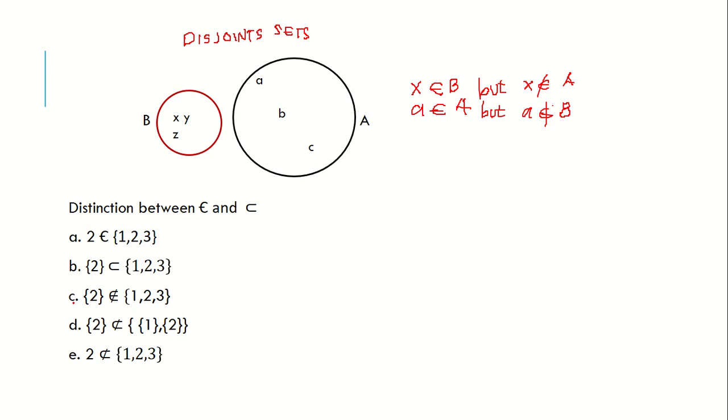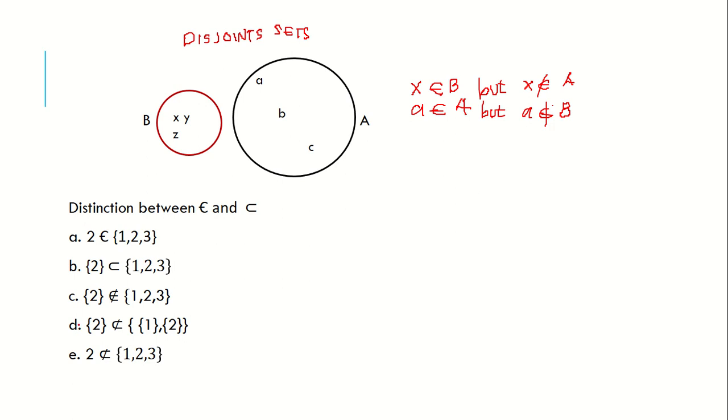Letter C, the set {2} is not an element of the set {1, 2, 3}, because to be an element it must not be a set. It must only be 2 as an element of the set {1, 2, 3}, as in letter A. So 2 must not be enclosed in a set or a grouping symbol.